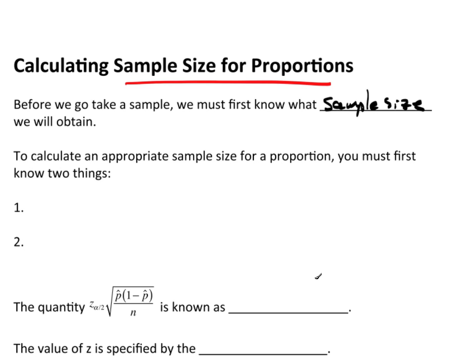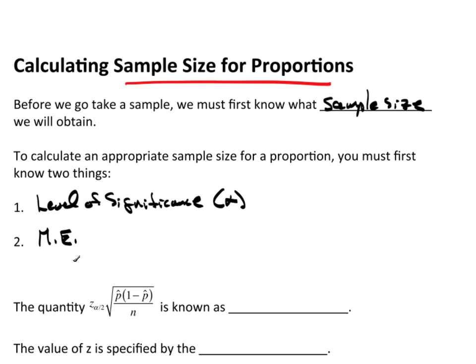So in order to calculate an appropriate sample size for proportion, there's two things you must know. First, you have to know the level of significance. That's that alpha we've been talking about. And the second, you need to know the margin of error.